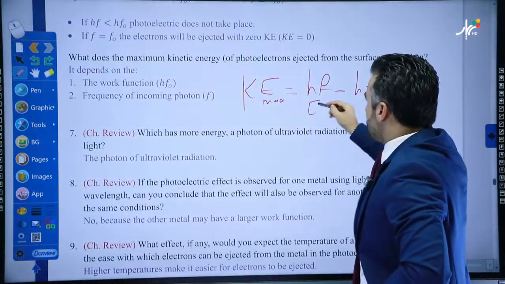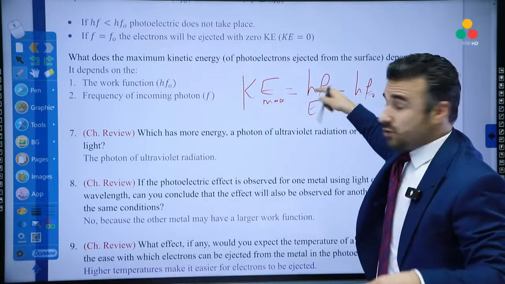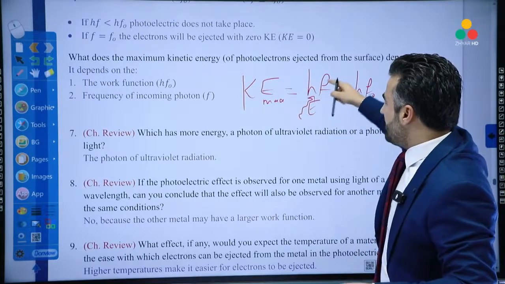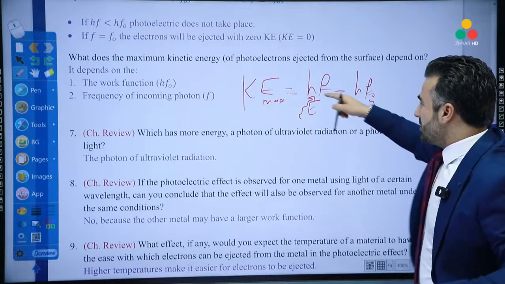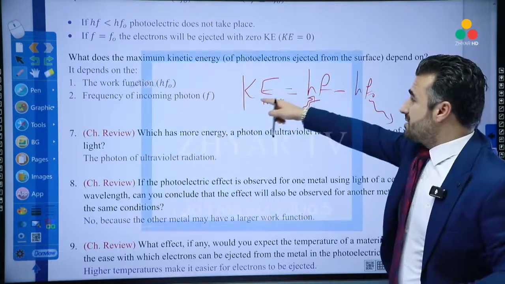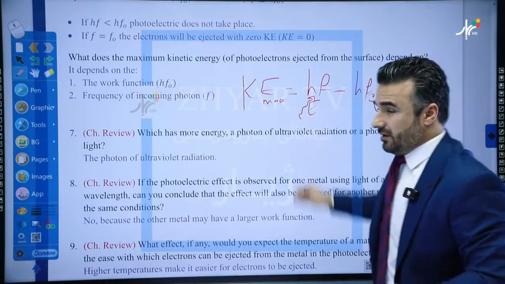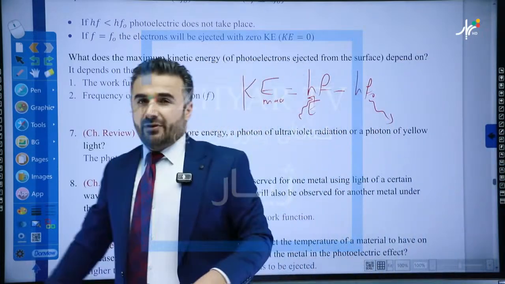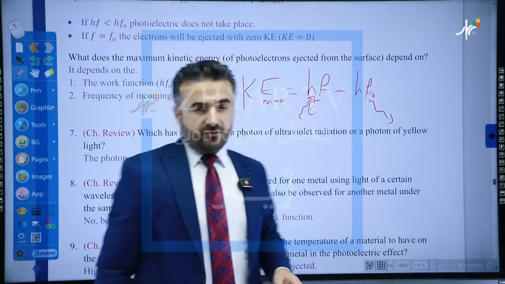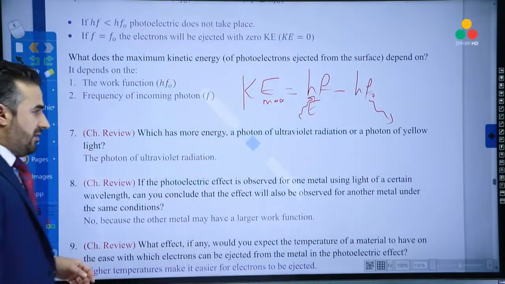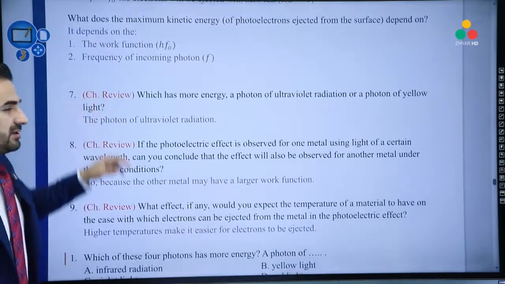This is the frequency of the incident wave, and this is the threshold frequency. So it depends on these two things, or you can say it is the difference between the frequency of the incident photon and the threshold frequency of the metal. Okay, so that is the answer to that question.